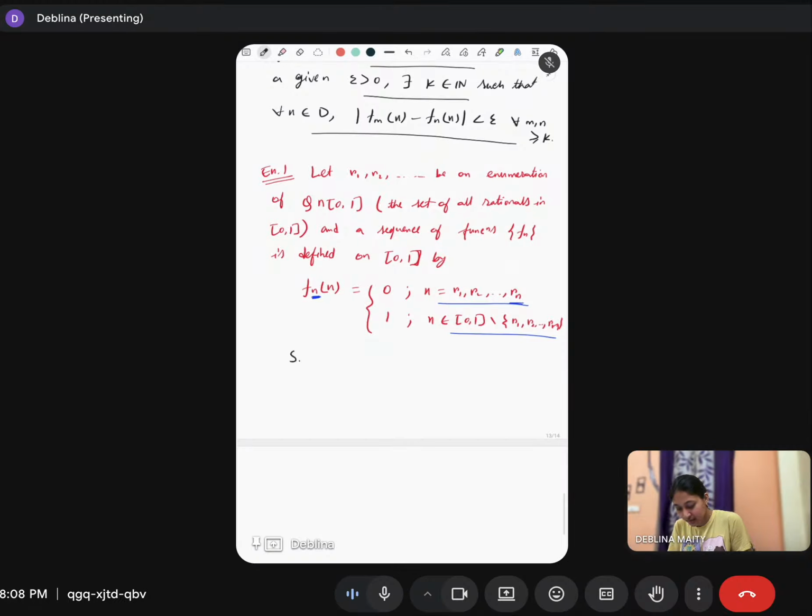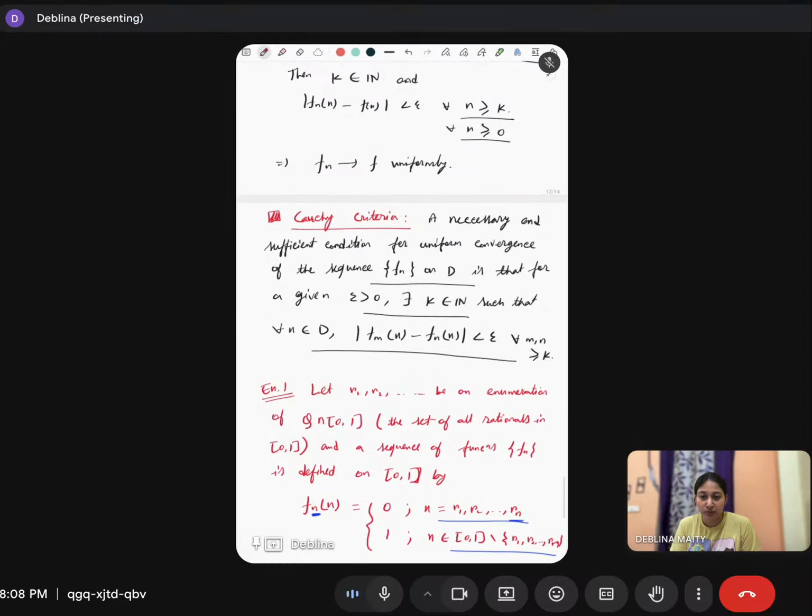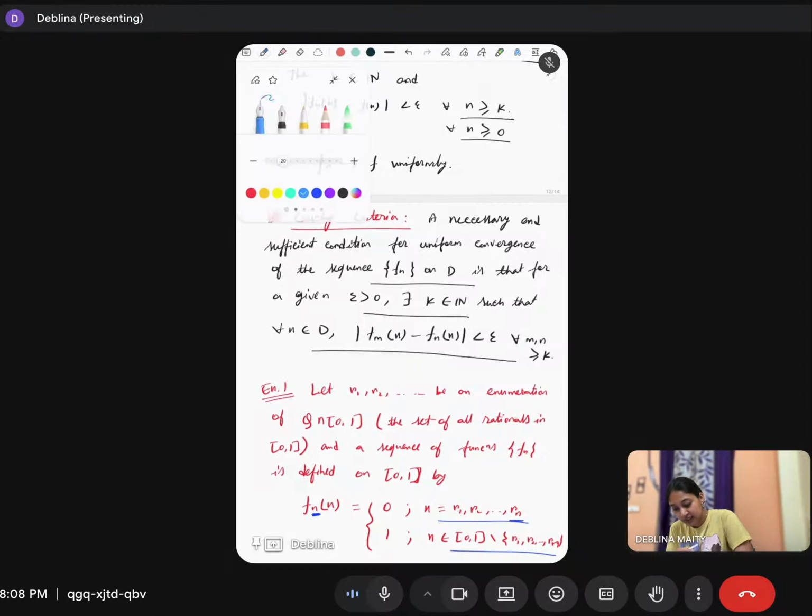Now I have to show that this sequence of functions fn is not uniformly convergent. Right? We have to show that this is not uniformly convergent. So by Cauchy criteria, this is not uniformly convergent means what? Here we said that for a given epsilon, we have to find a k.